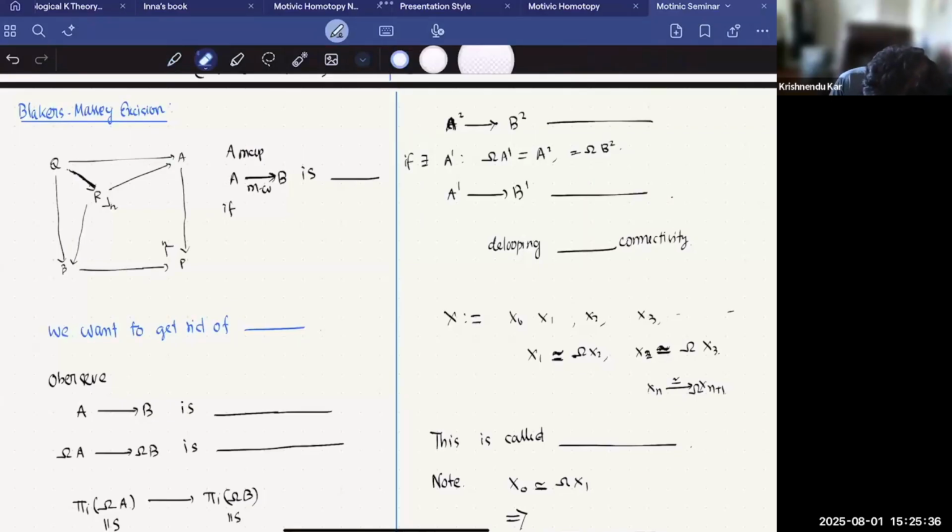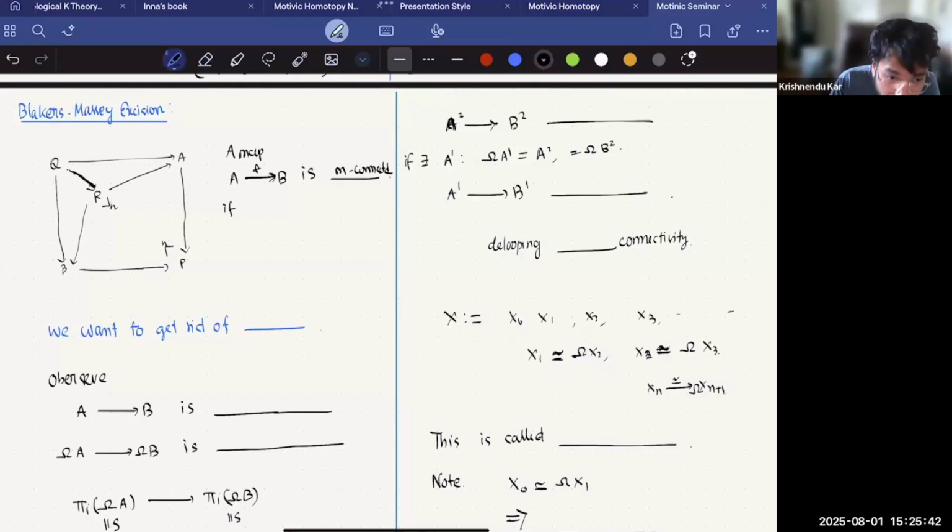Call this map F. Call this M connected if the induced homotopy groups are isomorphic for i less than or equal to M minus 1, and surjective for i equals M, then the map is called M connected. So your homotopy groups are the same basically up to the M minus 1 level.